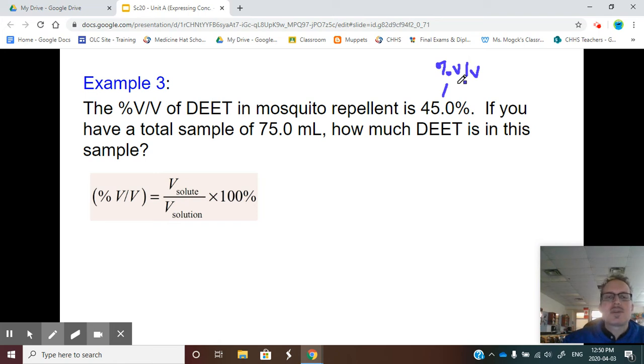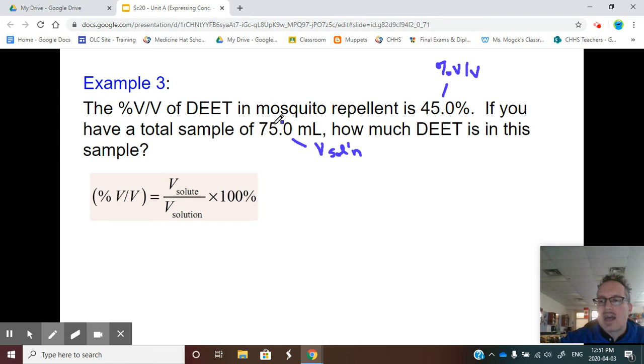If I have a total sample of 75 milliliters, so this is my V solution, because that's my total sample, I would like to know how much DEET do I have in 75 milliliters. So we know it's roughly 50%. So our answer is going to be roughly half of 75. Okay, we know we're going to be just a little bit higher than 35 milliliters.